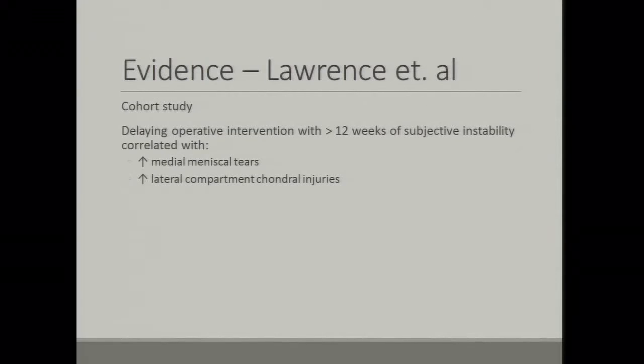There's a pretty often cited cohort study, I think from the late 80s, looking at operative versus non-operative intervention in immature patients who had subjective instability, so feelings of the knee sliding around, and found a significantly increased rate of medial meniscus tears and lateral compartment chondral injuries in kids that were not treated surgically. And this was even with relative activity modification, taking it easy. But these kids who do have these secondary injuries certainly have a bigger problem than they did beforehand with just the ACL injury.